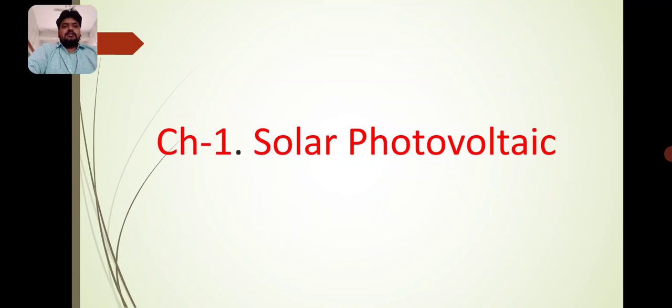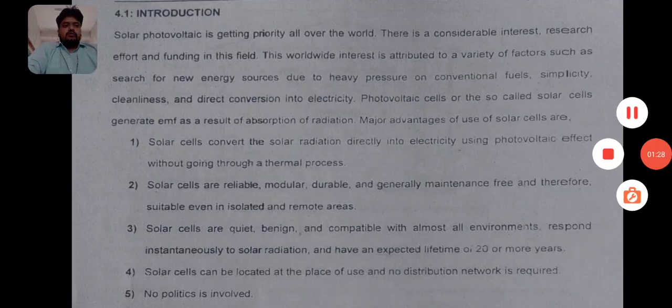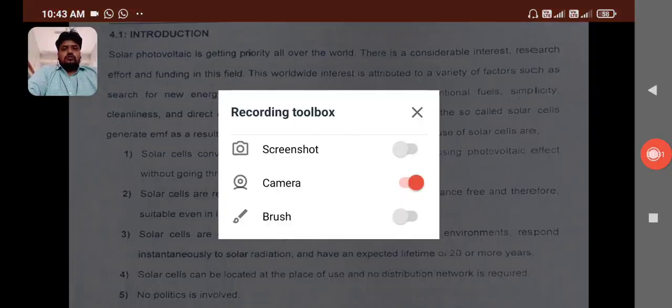In this chapter we want to see what solar photovoltaics is, what type of material is used to construct or make the solar cell, what the uses of appliances are, the advantages and disadvantages of the solar cell, and how solar energy is produced from solar cells. So in the introductory part we have to see that.